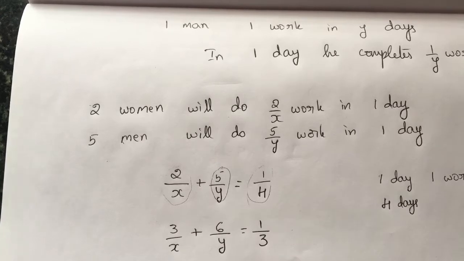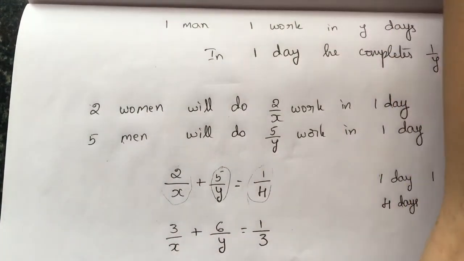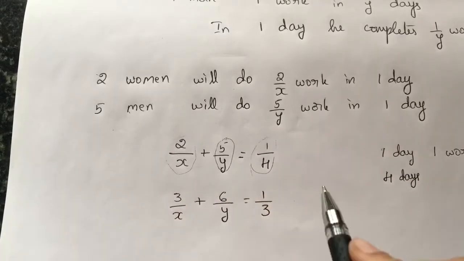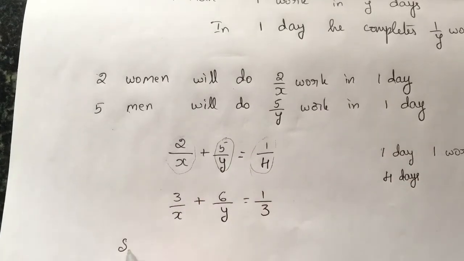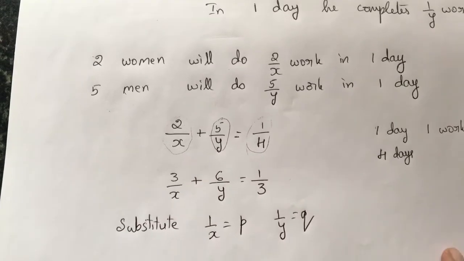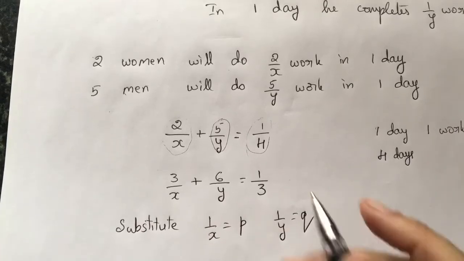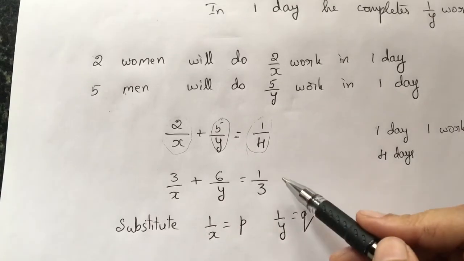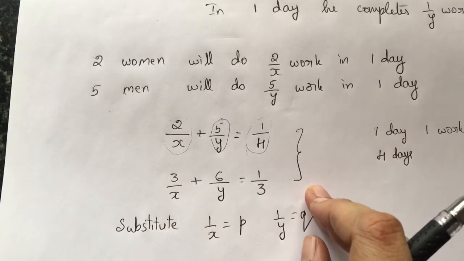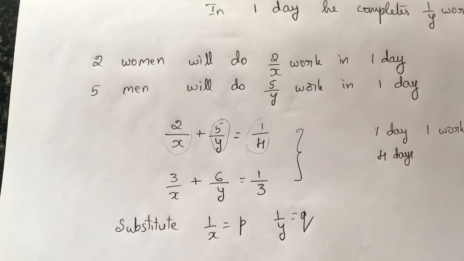Now, which method you are following to solve this? You can observe the variables are on the denominator. So let us substitute 1 by X as p and 1 by Y as q. It's left to you. You can use any variables a, b, p, q, t, u. So we are going to solve this by using equations reducible to pair of linear equations with 2 variables.